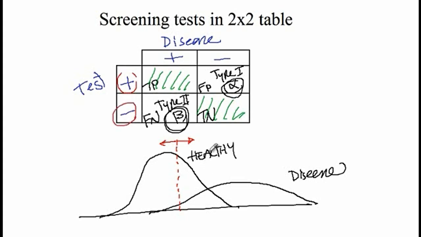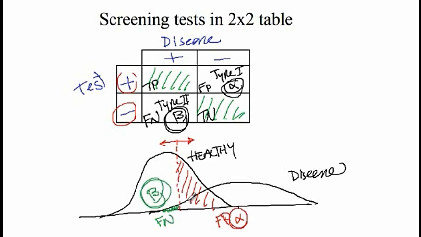So here we have certain individuals that are healthy but are testing positive. So this would be a false positive, also known as alpha or type 1 error. And then we have some individuals that are having the disease but is testing negative. So that would be a false negative or beta error.